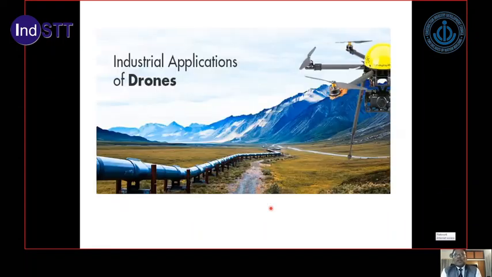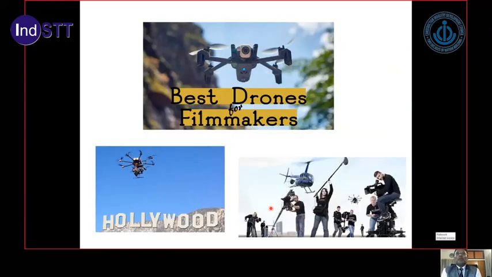Then in industrial application, like leakage in the pipeline. Okay, so this is all maintenance of the pipeline, or leakage in the pipeline, that is being monitored with the help of such drones.